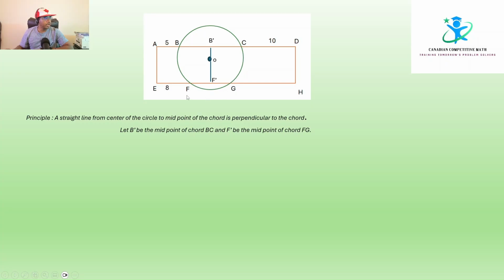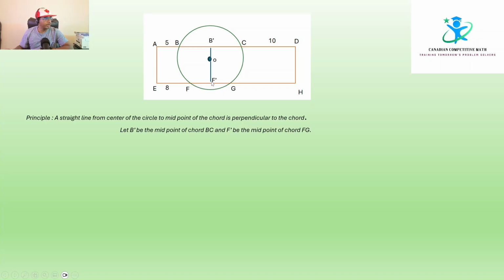The principle we have here to solve this problem is this. A straight line drawn from the center of the circle, which is O, to the midpoint of the chord, which is B', is perpendicular to the chord. So OB' is perpendicular to BC.